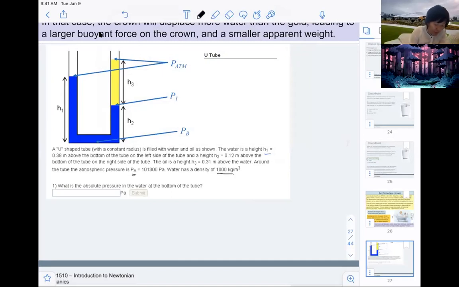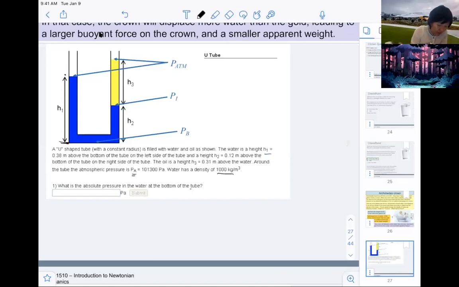What is the absolute pressure in the water at the bottom of the tube right here? So that is the first question. Well, this is really just a plug and chug question. It's not too hard to calculate, right? Because we know how to calculate the pressure below a certain depth of the surface of the water.